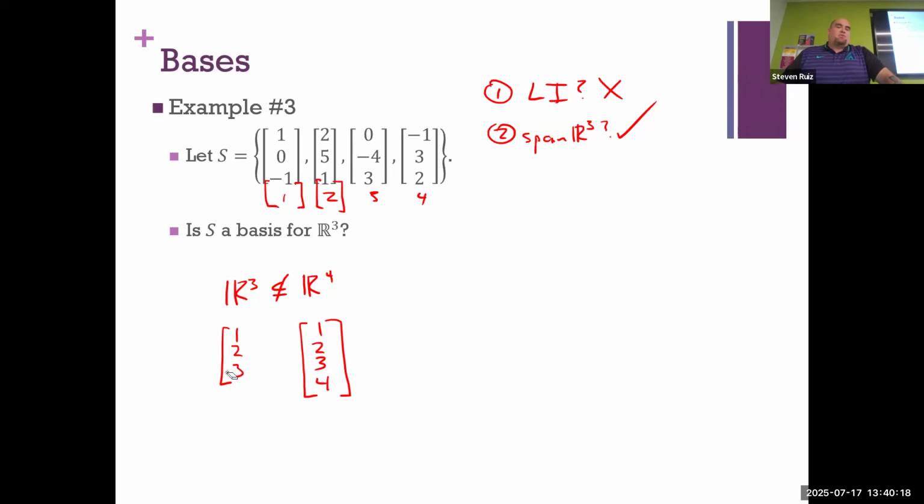If this was 1, 2, 3, 0, now they're both in R4. But you're comparing a vector that only has 3 entries to a vector that has 4 entries, so they can't ever be equal. They're not even the same kind of object. If I can give you a metaphor, you're basically saying that a square and a cube are equal.